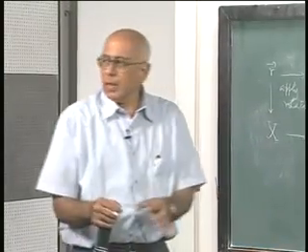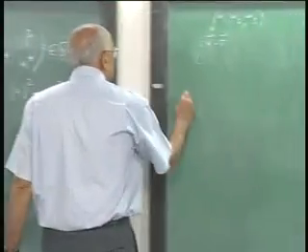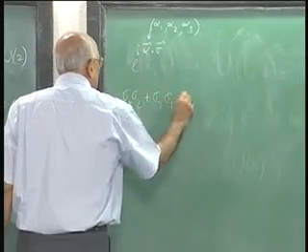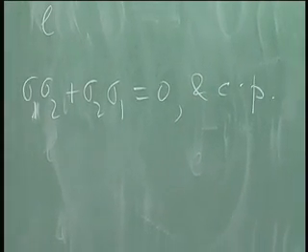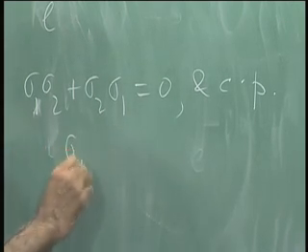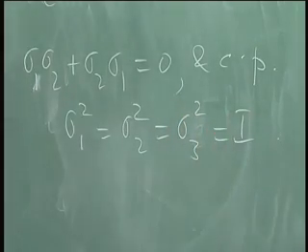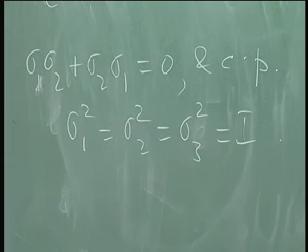But in general, if alpha 1, alpha 2, alpha 3 are 3 real numbers, and I want e to the i times alpha 1 sigma 1 plus alpha 2 sigma 2 plus alpha 3 sigma 3, I use the fact that sigma 1 sigma 2 plus sigma 2 sigma 1 equals 0 and cyclic permutations. These matrices anti-commute with each other. Moreover, sigma 1 squared equals sigma 2 squared equals sigma 3 squared equals the unit matrix.